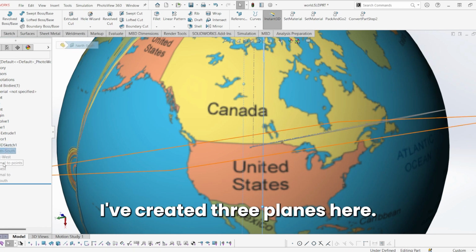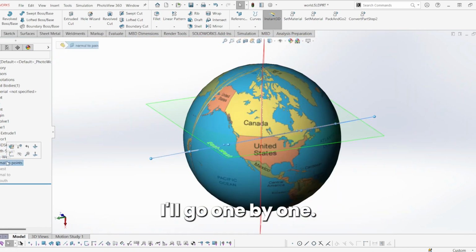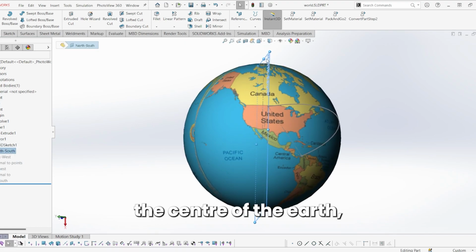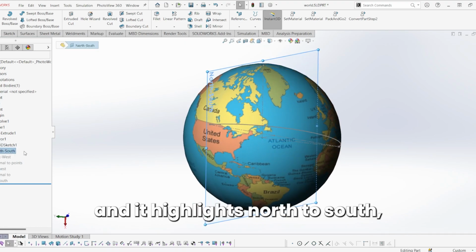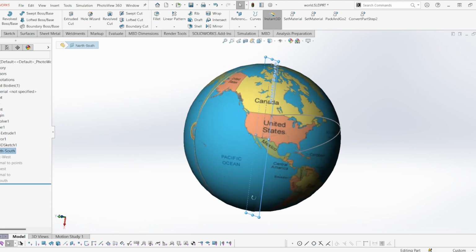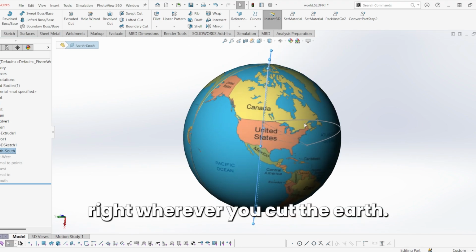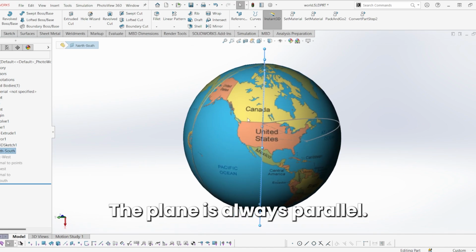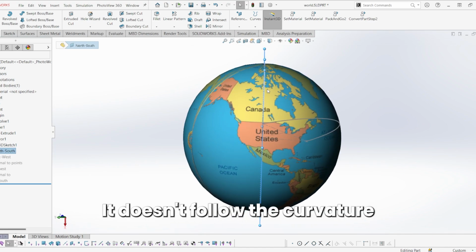So what I've done is I've created 3 planes here. I'll go one by one. This plane is a cut across the center of the earth, and it highlights north to south, right? Wherever you cut the earth, this is parallel. The plane is always parallel. It doesn't follow the curvature of the earth.